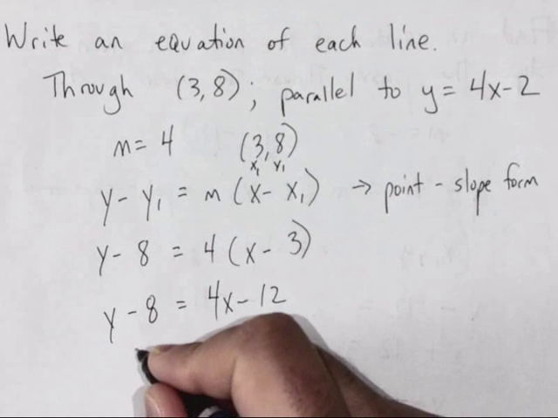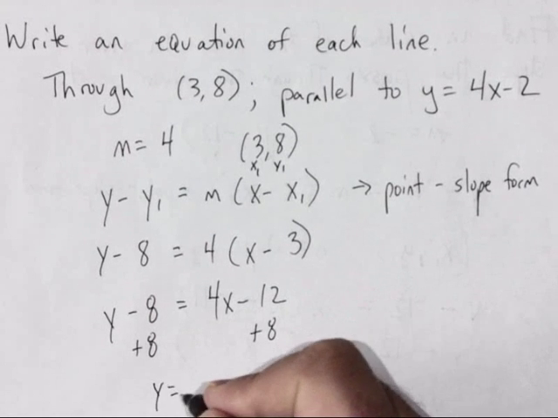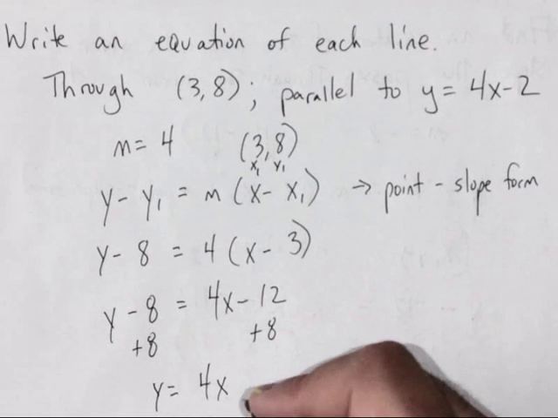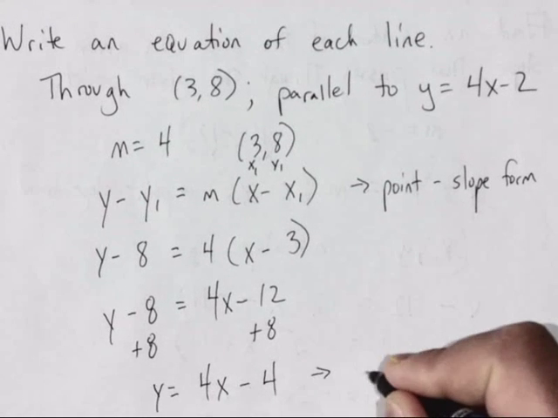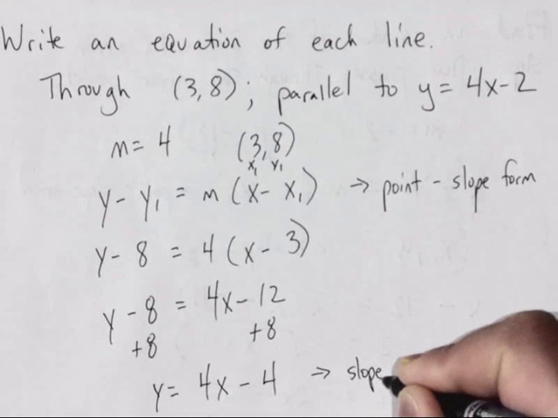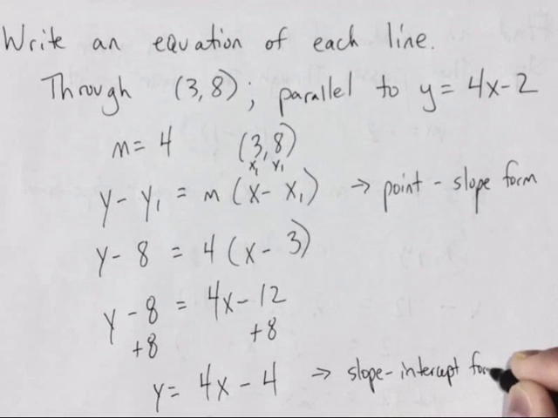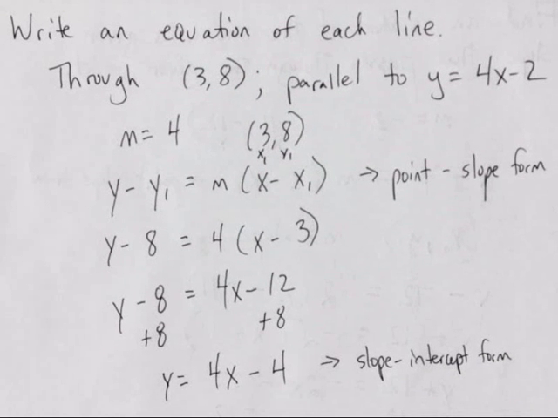Add the 8 to both sides. So in slope-intercept form, we get y equals 4x minus 4. Alright, and we're just going to keep it in that form.